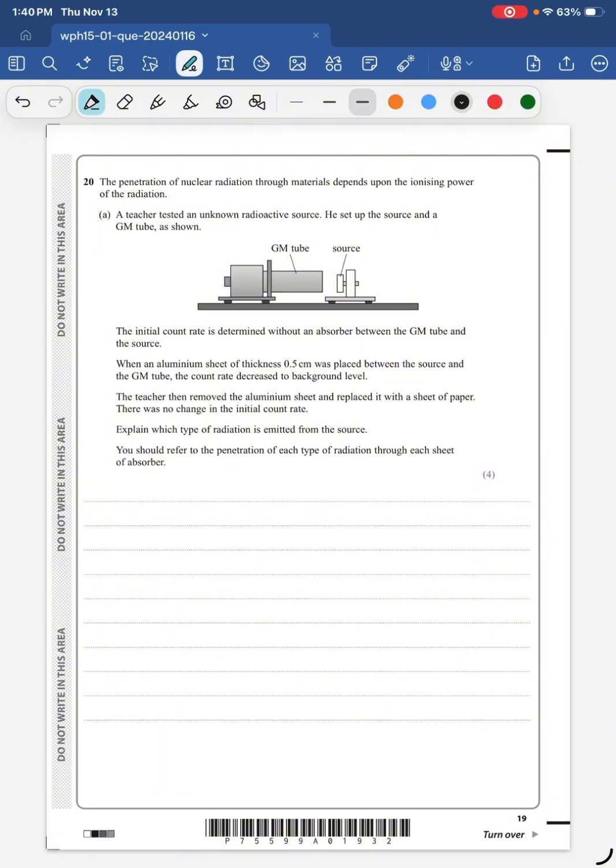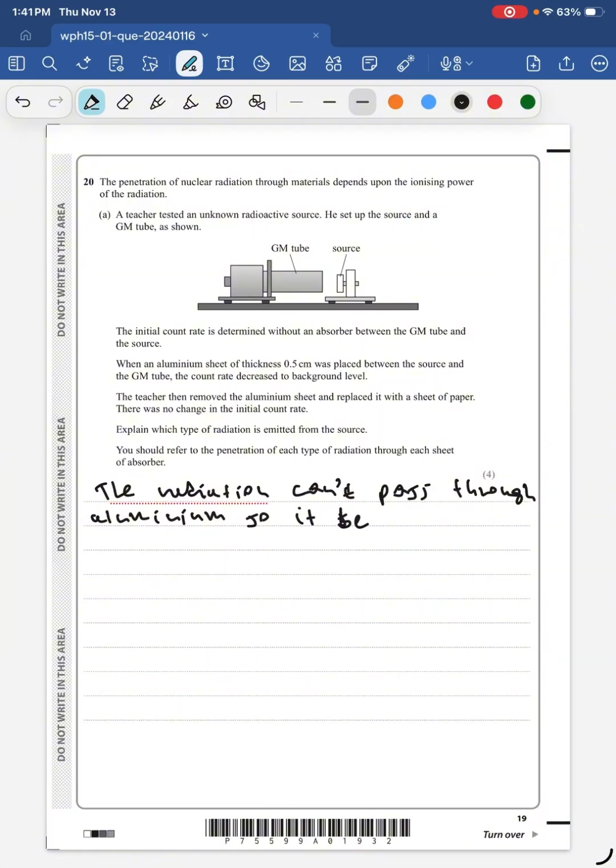Let's answer this. The radiation, okay, cannot pass through aluminum. So it should be alpha or beta, since gamma passes through aluminum.